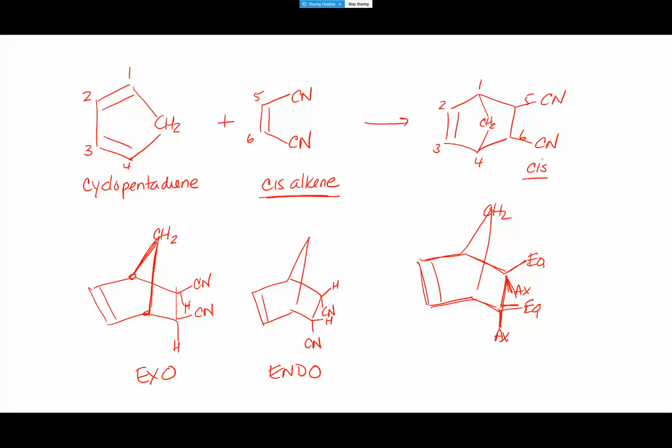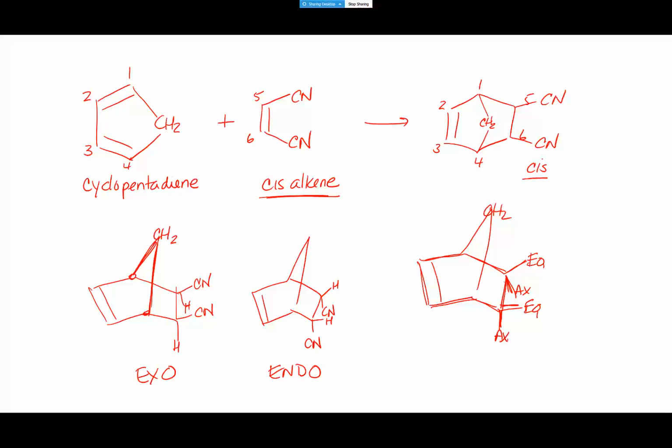Now, what we would like to do is use English language for these in the same way that we would for biology. Exo means, if something has an exoskeleton, that it's on the outside, whereas an endoskeleton is on the inside. So here's how I remember that, and if you want to come up with your own creative idea, go for it.